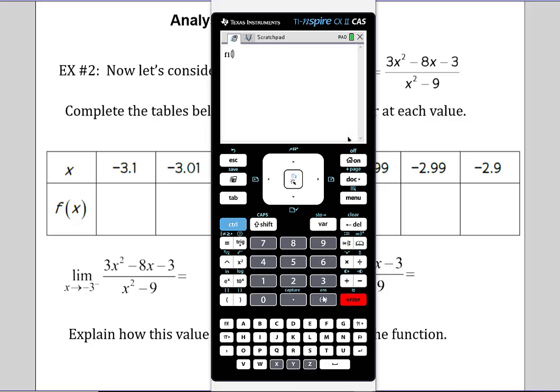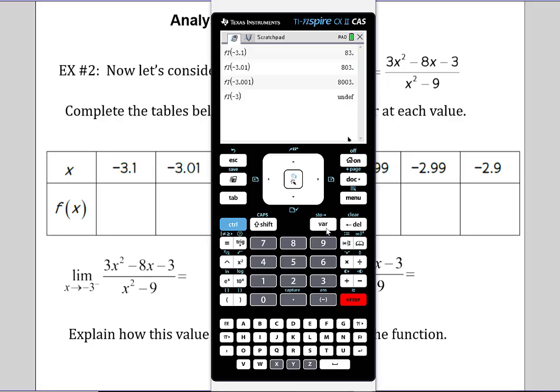That's 83. And then evaluate at -3.01, and then at -3.001. And then evaluate at -3. So you see it's undefined.